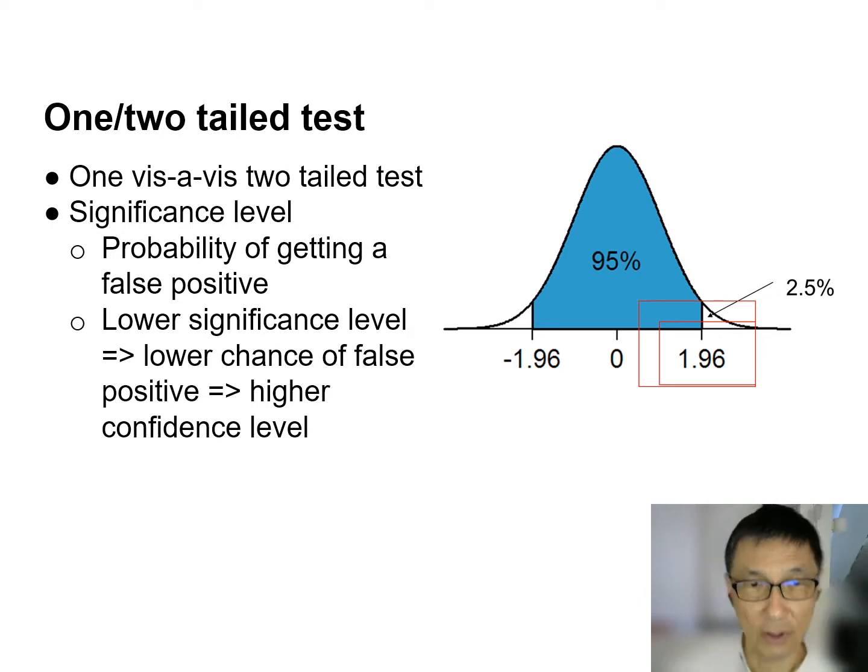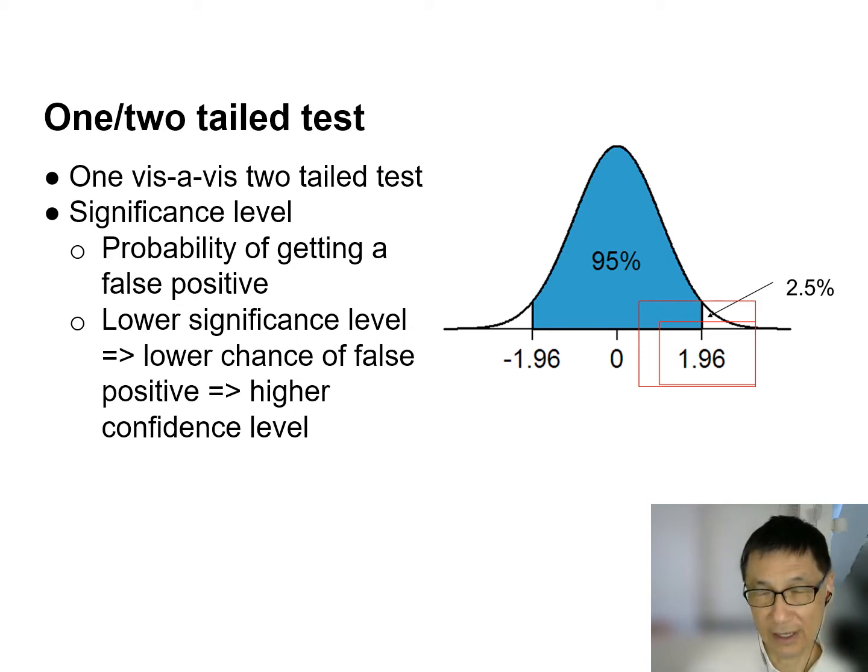Having defined the model and examined the data, the next step in the hypothesis testing is to decide whether to set up the test of the null hypothesis as a one-tailed test or a two-tailed test.